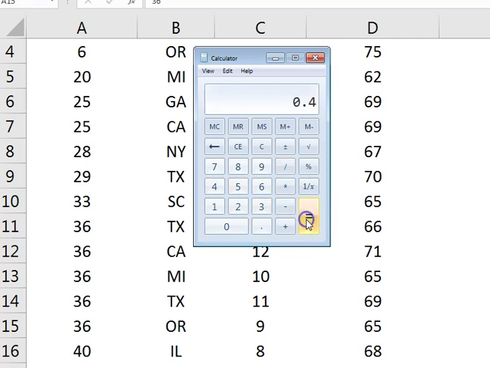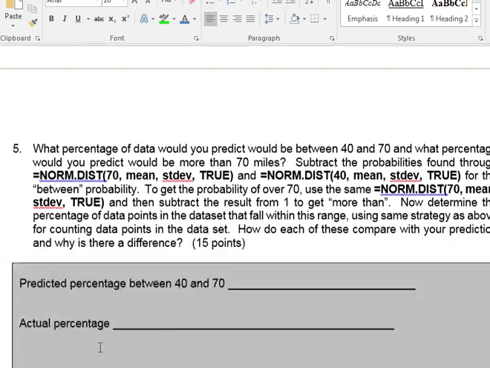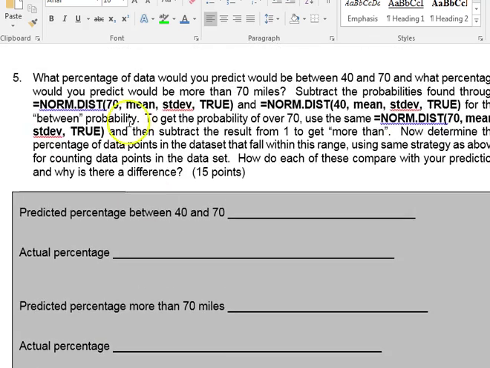So 14 divided by 35 gives us 0.4, or 40% is our actual result. And so we have our actual percentage and the predicted percentage, and you can compare those two. And then for number 5, well, what percentage of the data would we predict would be between 40 and 70?